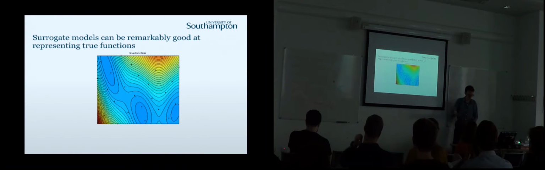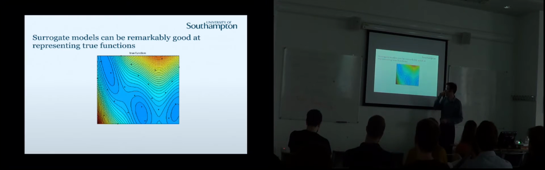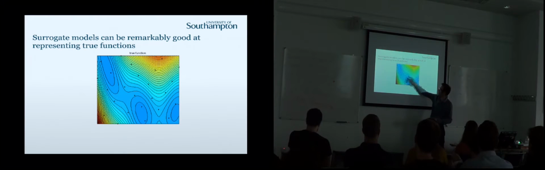This is an example of a function that's often used to demonstrate the performance of surrogate models. So this is one of our controllable variables here, this is another one, and this is the response that we get for the different values of these controllable variables, and these are the minima of this problem.